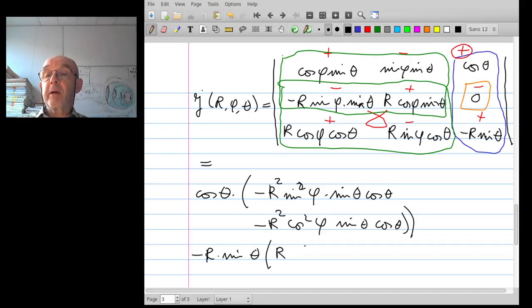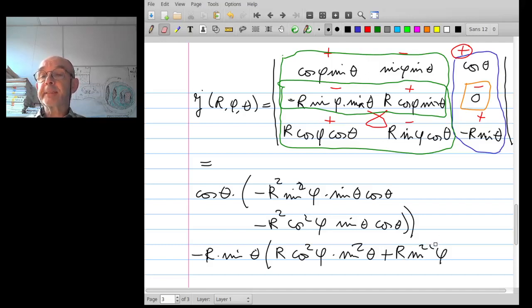I get r times cosine squared phi times the sine squared theta, and minus, and then be careful, you have here a minus r in front of it, so you get plus r sine squared phi sine squared theta.